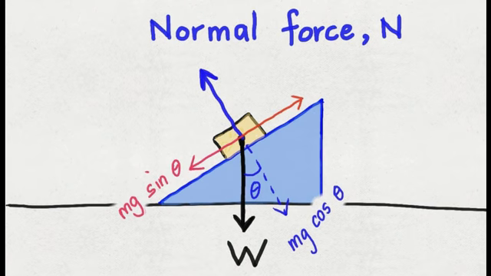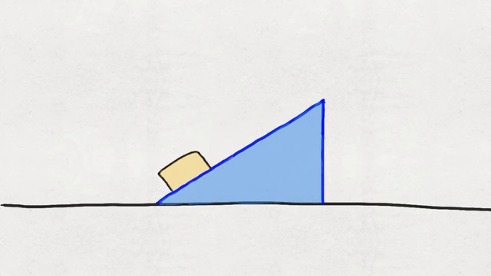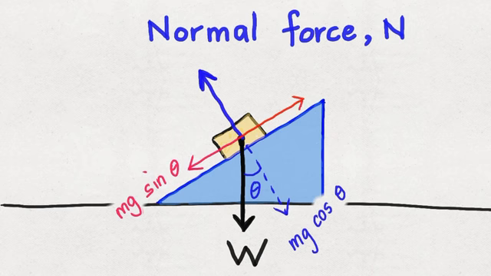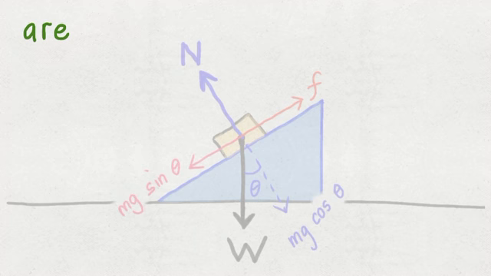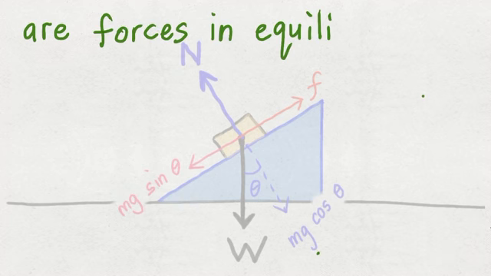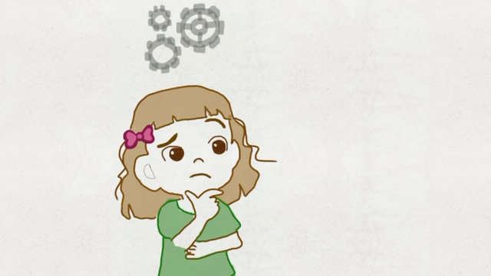Because the gravitational force tends to slide the body down the inclined plane, it is balanced by an equal and opposite force, which is frictional force. Are the forces acting on this object on an inclined plane in equilibrium?